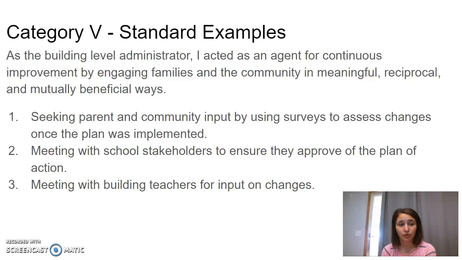My first example was seeking out parent and community input by using surveys to assess the changes once the plan was implemented. My second example, meeting with school stakeholders to ensure that they approve of the plan of action. And my third example, meeting with the building teachers for input on the changes being made. The teachers are the ones implementing it day to day, so their input, of course, is important.